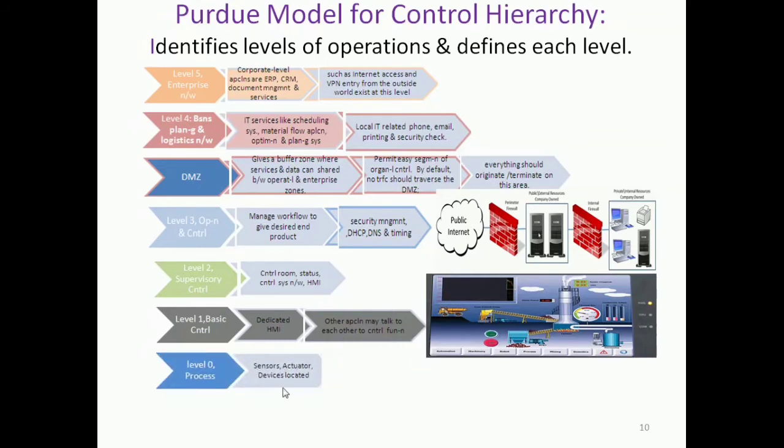Level 0 is related to the process: sensors, actuators, and devices at ground level, such as motors and robots, and communication with the control.